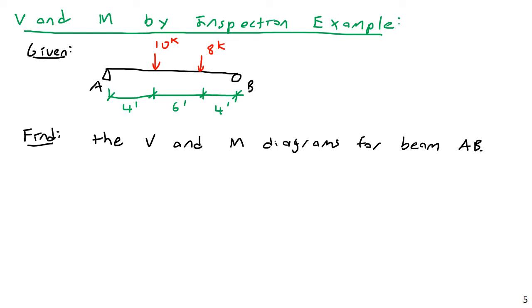So I'm going to start with a free body diagram, and I want to do this on the next page because if I can, I like writing my shear and bending moment diagrams underneath a free body diagram because it makes everything nice and lined up. Okay. So first I'll get the free body diagram.